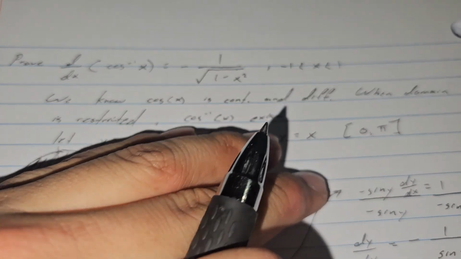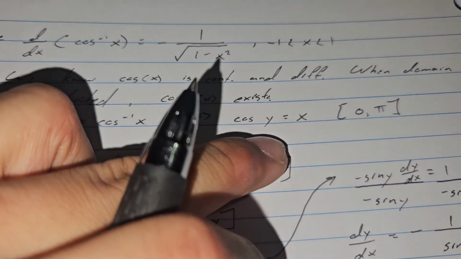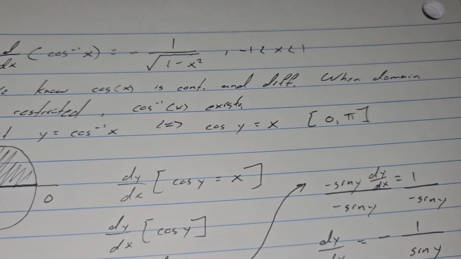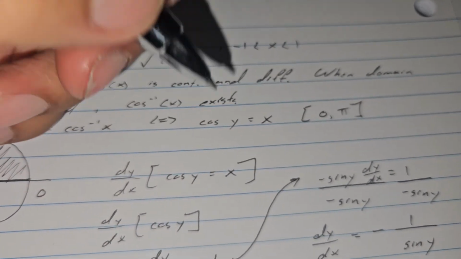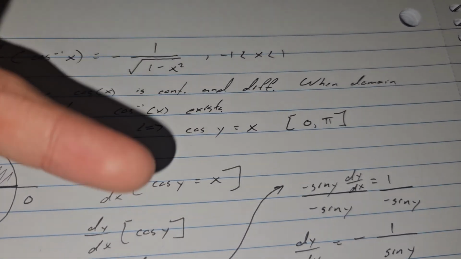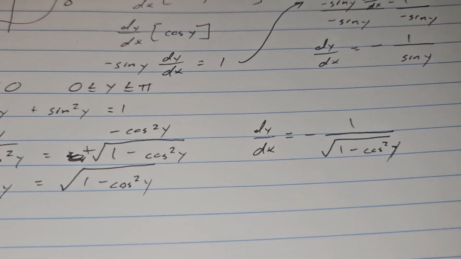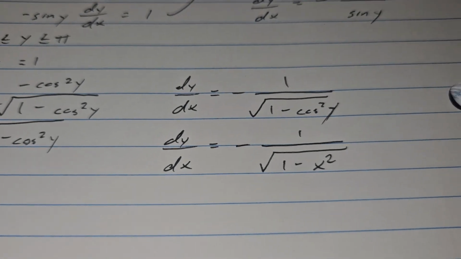Knowing this inverse, we know cosine of y is equal to x, right? So that's what we initially said. So since cosine y is equal to x, this tells us that dy/dx is equal to negative 1 over the square root of 1 minus x squared, correct?